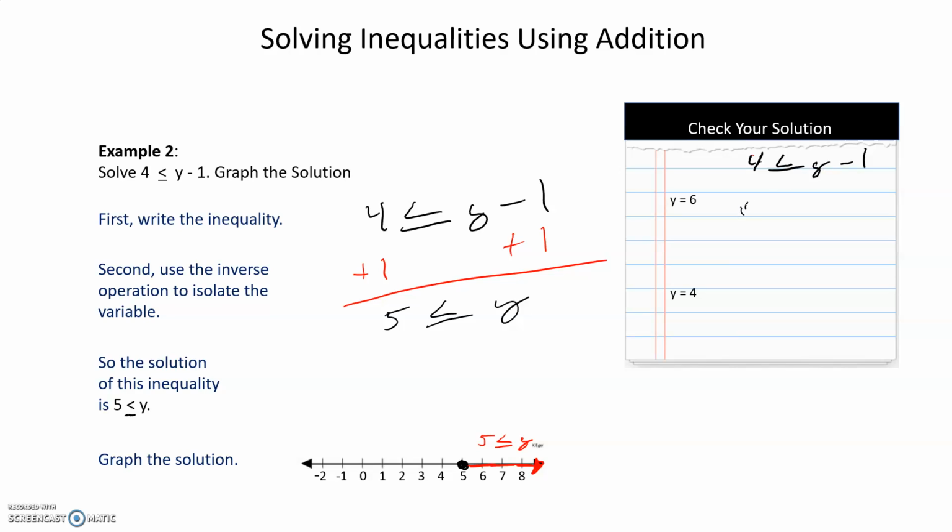So I have 4 is less than or equal to 6 minus 1, which would be 5, and so that is true. I do the same thing with 4. 4 is less than or equal to 4 minus 1, which would be 3. 4 is not less than or equal to 3, so that is not true.